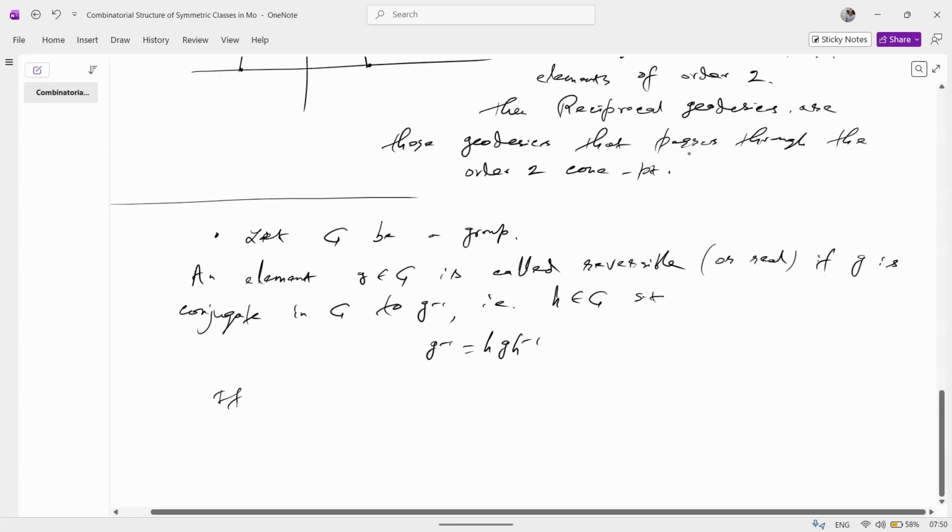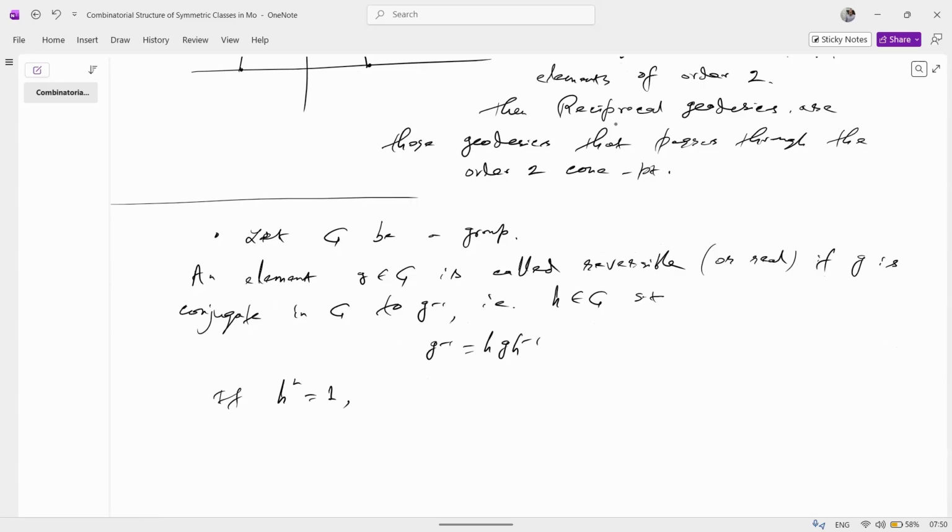Now, if h can be taken such that it is of order 2, then g is called strongly reversible or strongly real.